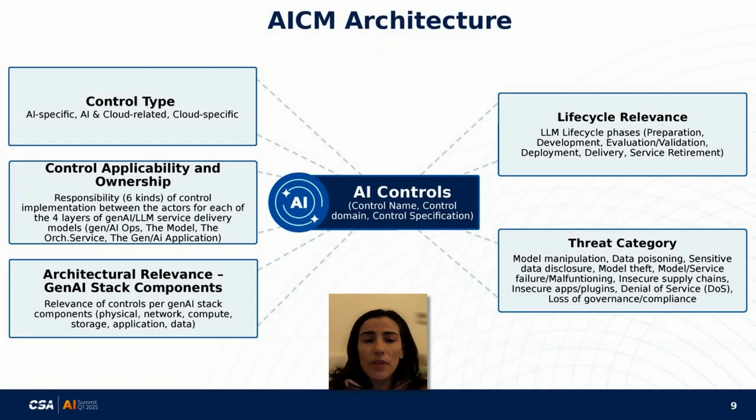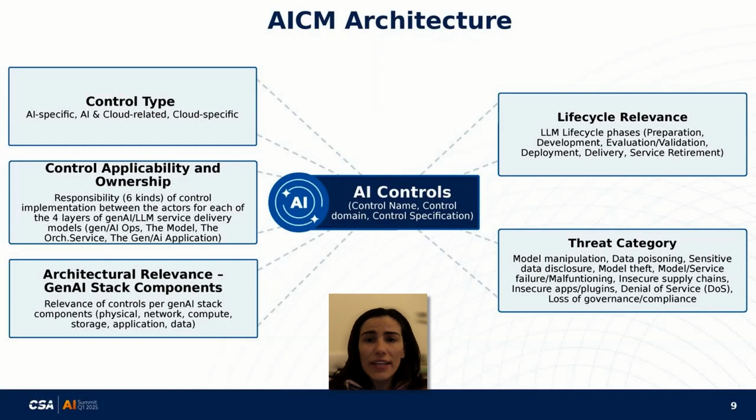Then the third box is the architectural relevance through the Gen AI stack components, and it describes which parts of the Gen AI stack, the 6 layers, this control impacts. Does it impact the physical infrastructure, like servers and data centers, the network, the compute, storage, applications, or data layers?